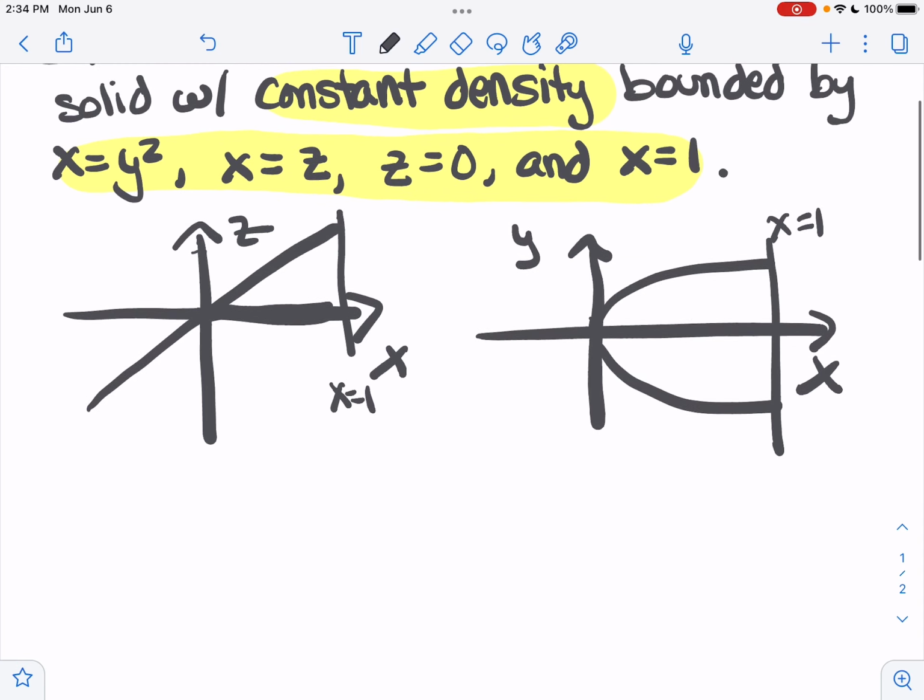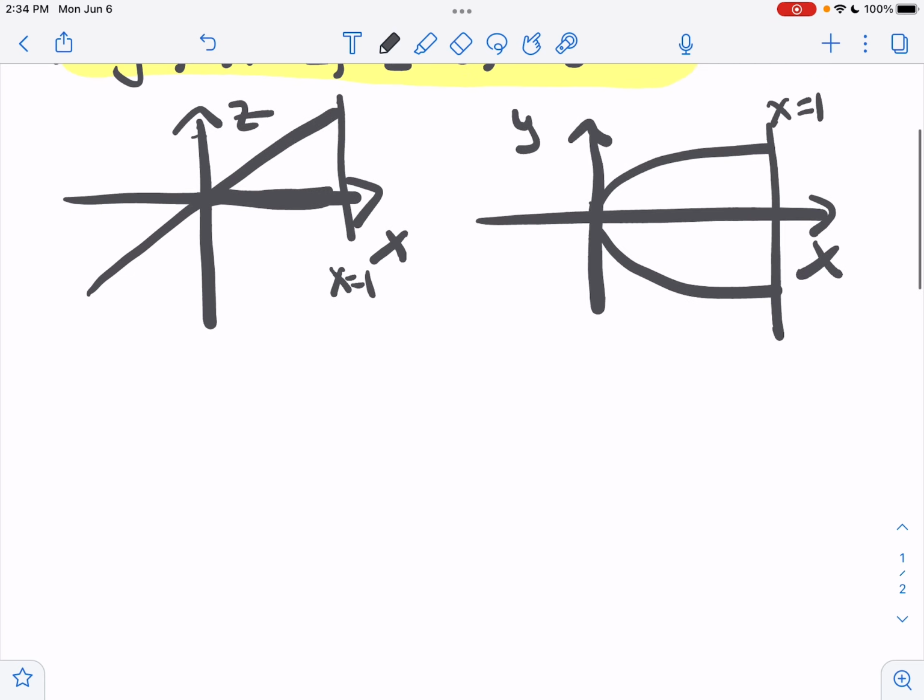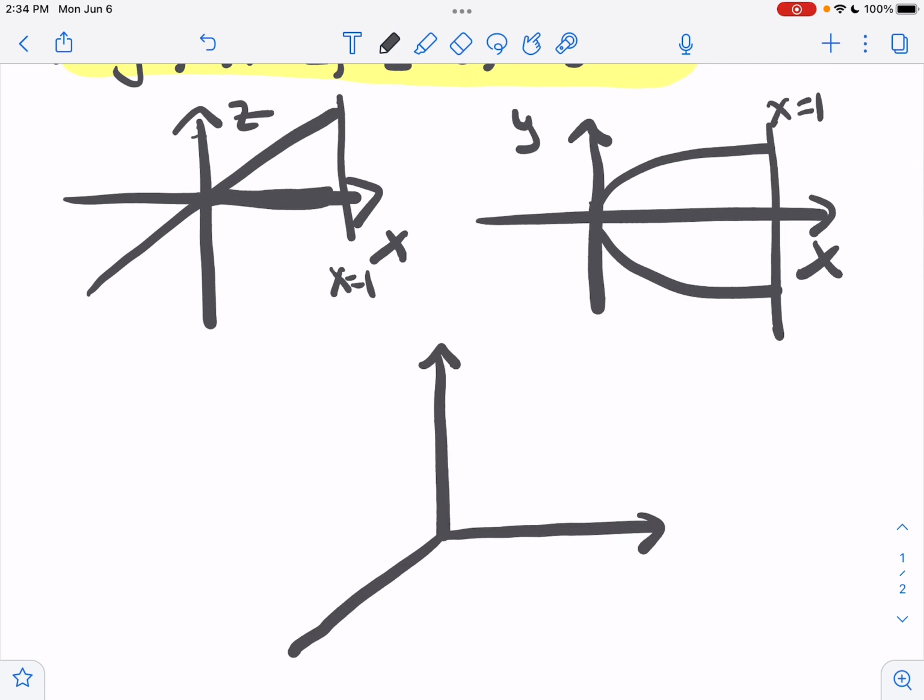So that doesn't give us a three-dimensional shape, but it gives us the ingredients we need to be able to draw the three-dimensional shape. So let's see. On the xy plane, we have our parabola opening in the x direction there. What do we have for xz, right? This is z and this is x.